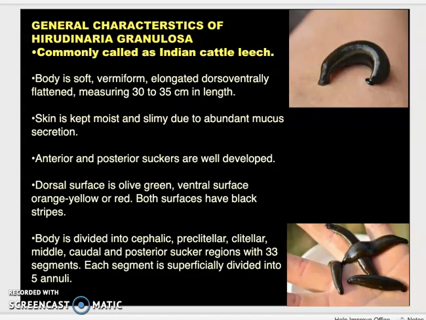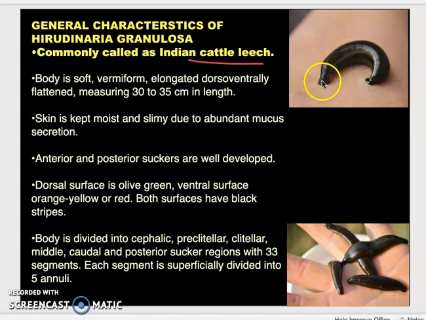annelid worm. When we discuss the general characteristics of Hirudinaria granulosa, it is commonly called the Indian cattle leech. The body is soft, vermiform, elongated, dorsoventrally flattened, and measures about 30 to 35 centimeters in length, and the skin is kept moist and slimy due to abundant mucous secretion.